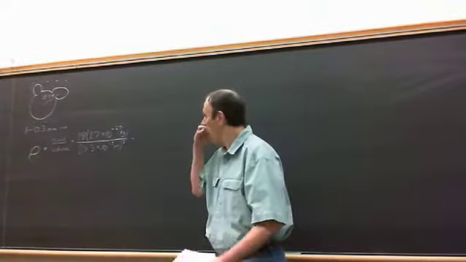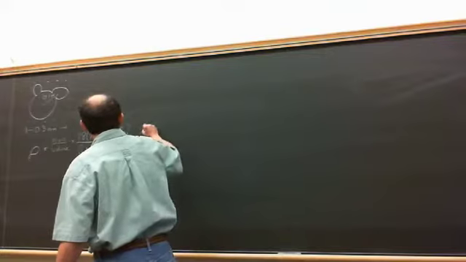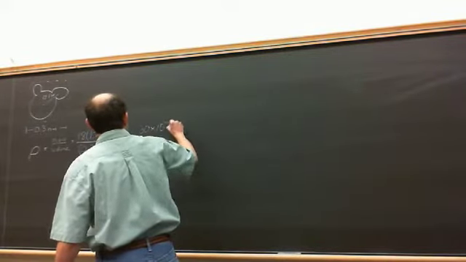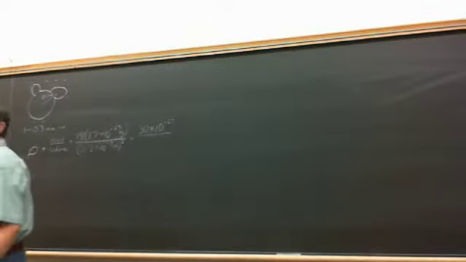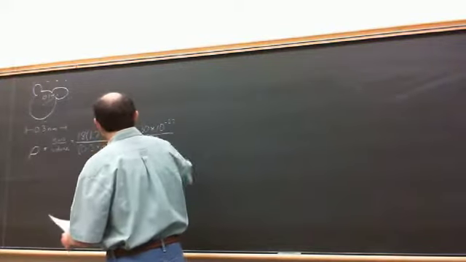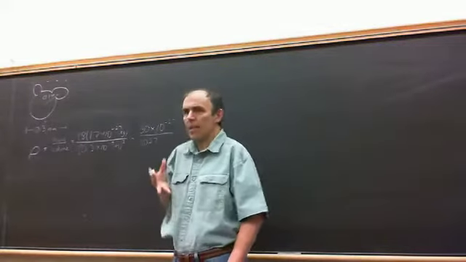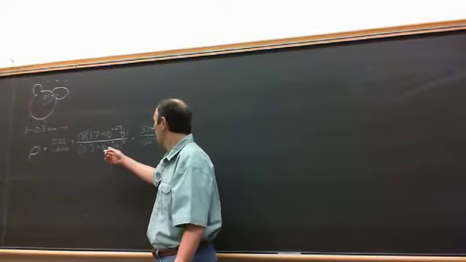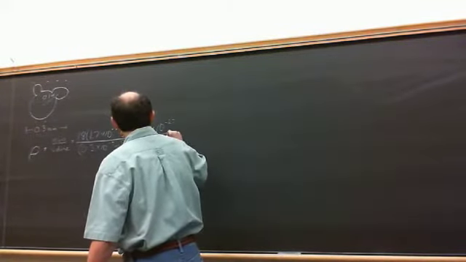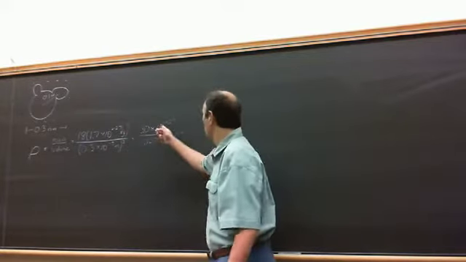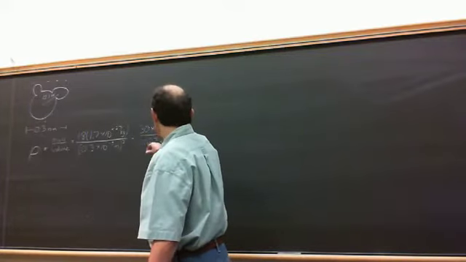Okay, we're almost there. 18 times 1.7, that comes out to be about 30, times 10 to the minus 27, divided by, well, 0.3 times 0.3 would be 0.09, times 0.3 would come out to be about 0.027, and 10 to the minus 9 raised to the 3rd power, well, with your rules of exponents, 10 to the minus 9 to the 3rd would be 9 times 3, times 10 to the minus 27. And lo and behold, the 27ths go away, and you get 30 over approximately 0.03.